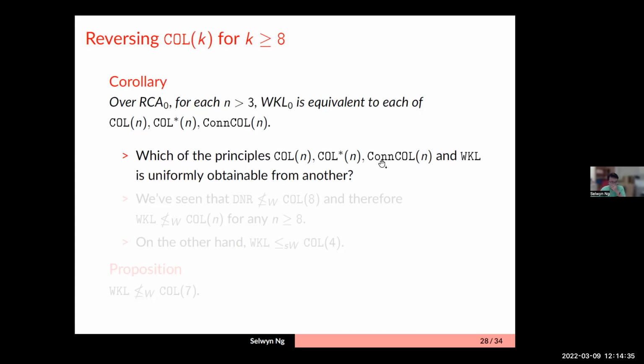The reversals that we had to go through for the n-color theorem for different n suggest that, depending on the value of the parameter, you would need different kinds of non-uniformity. And so it would be interesting to see how these principles compare, at least from the point of view of the Weihrauch degrees.